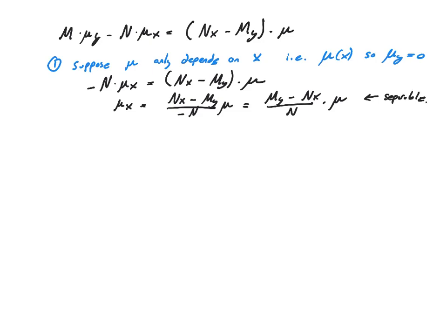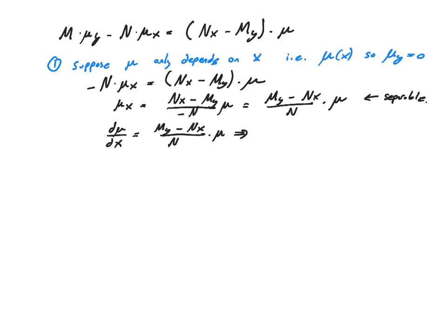Okay, so that's separable. So basically the derivative of mu with respect to x is equal to this function that I have here, m sub y minus n sub x divided by n times mu.